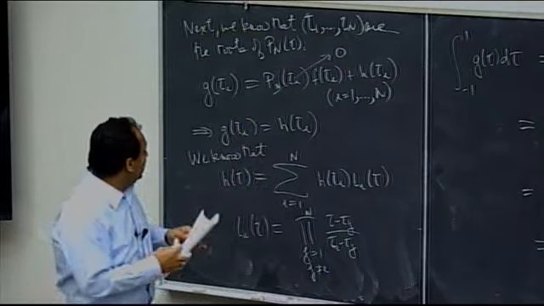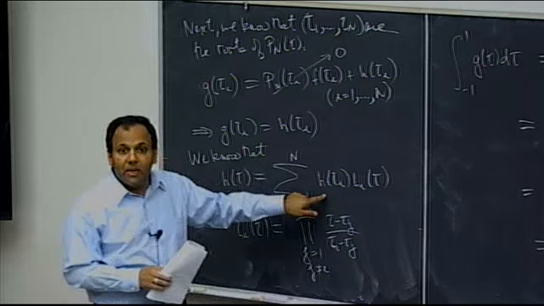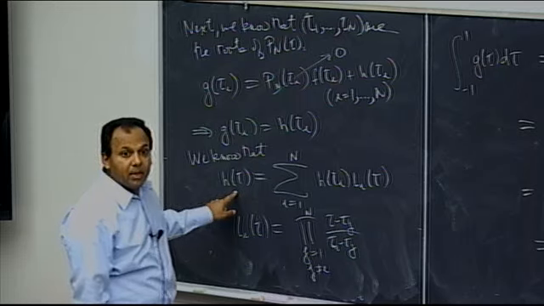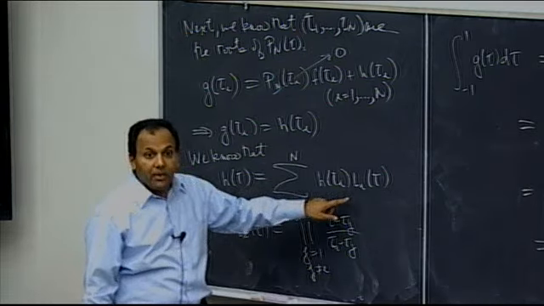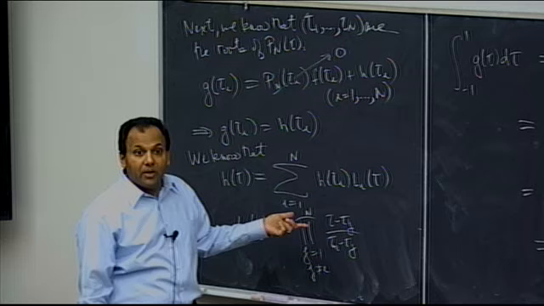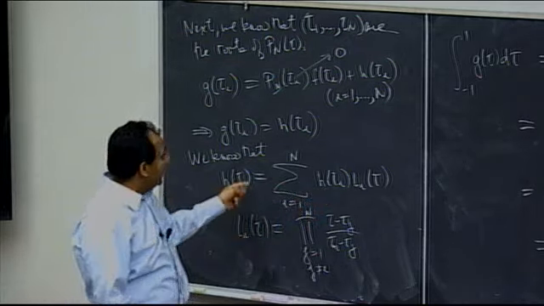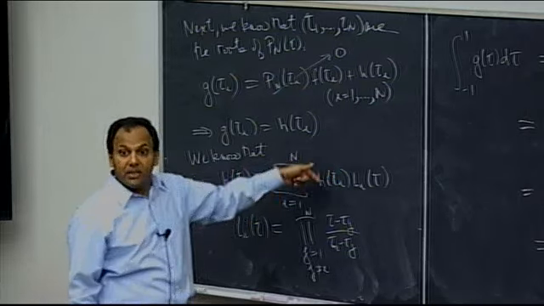See, this right here is not an approximation. It's an exact replacement because this is a polynomial of degree n minus 1. I'm replacing it with n polynomials of degree n minus 1. So this is not an approximation. It's exact. It doesn't say h of tau is approximately this. H of tau is equal to this.